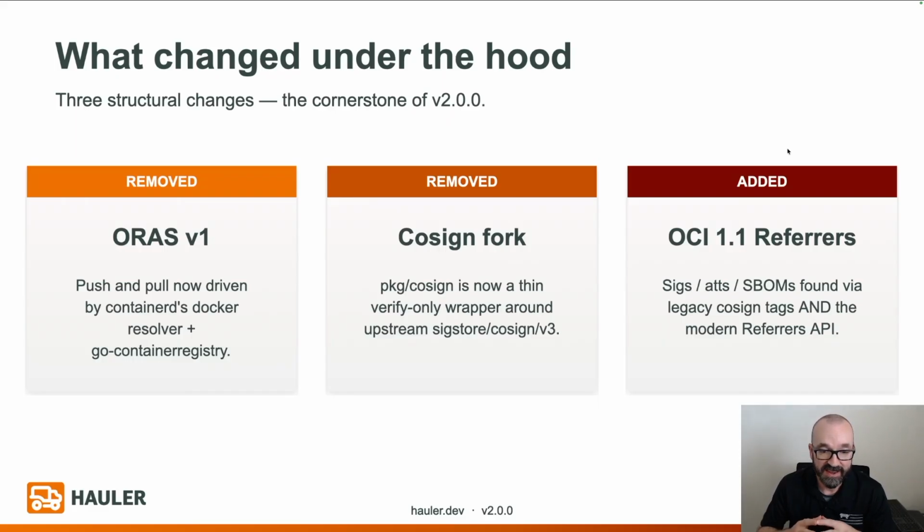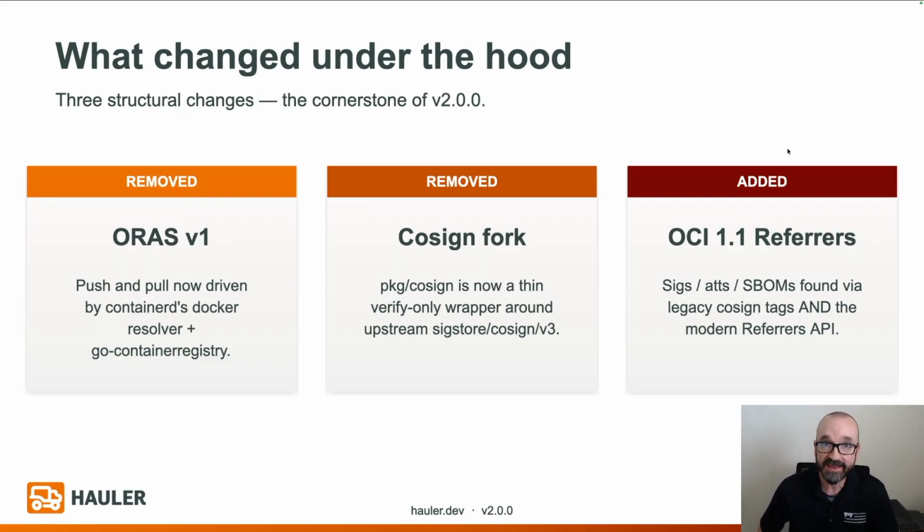But in the act of doing so, we realized, why do we need Oras in the first place? Why not cut out the middleman and go straight to things like Go Container Registry or Containerd's Docker Resolver and things of that nature? Just go straight to those APIs that are already proven and pretty easy to work with, without having Oras set in front of it.